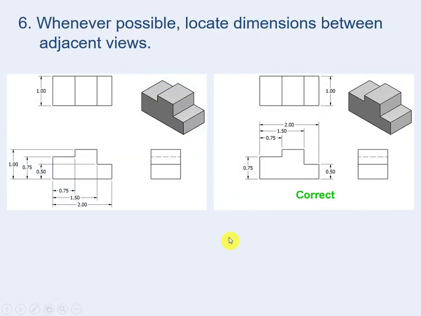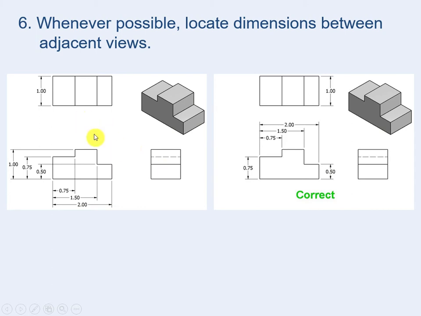Number 6, whenever possible, locate dimensions between adjacent views. In this example, guys, front, top, right side view. We have a space here between the top and the front, and some space between the front and the side view. Keep all dimensions, whenever possible, between the views.